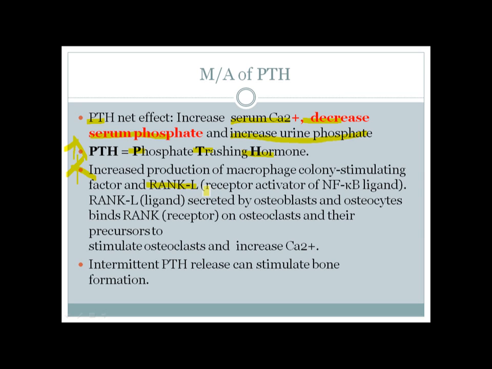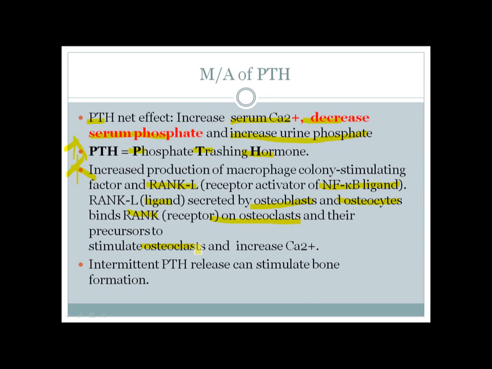This RANK L is the ligand which is secreted by osteoblast and osteocyte, and it binds to the RANK receptor on osteoclast, and binding to the receptor activates NF-kappa B and stimulates the osteoclast, or increases the activity of osteoclast. And whenever it increases activity of osteoclast, it will lead to more bone resorption.